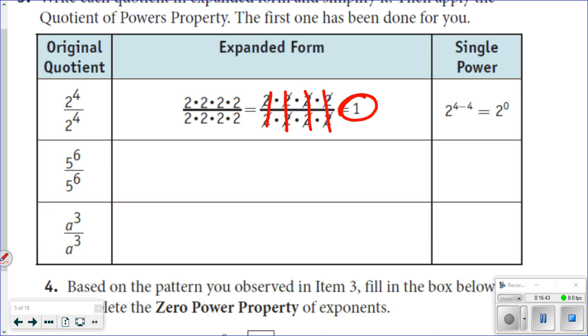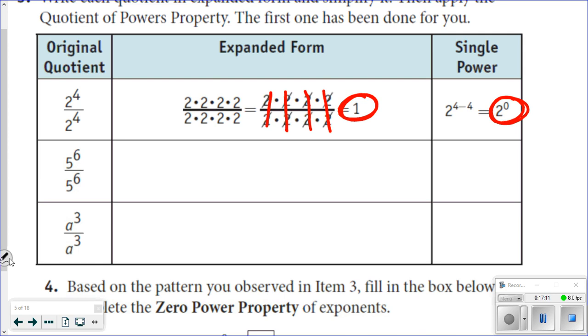So my answer here is just 1. But if we think back to our quotient rule, and we can look at our graphic organizer, when I have a division problem, I subtract. So 4 minus 4 is 0. So it's 2 to the 0th power.